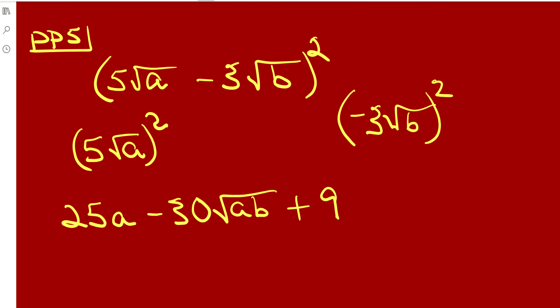And then square root of B squared is going to be B. And there's no combining here now. So that's basically what my solution is going to end up being. Okay, so I got 25A minus 30 square root of AB plus 9B.